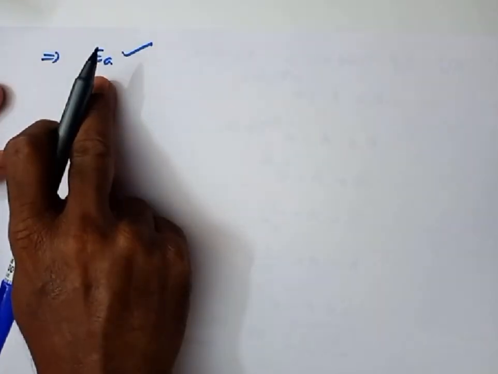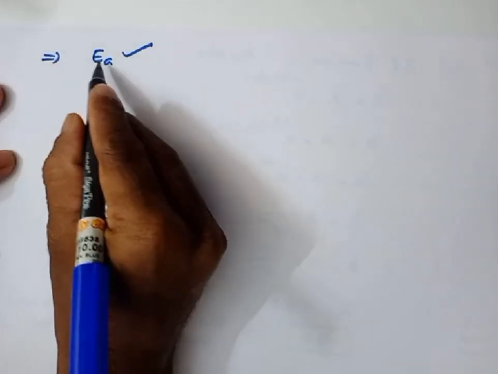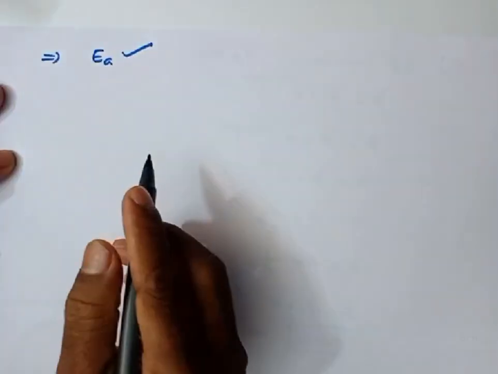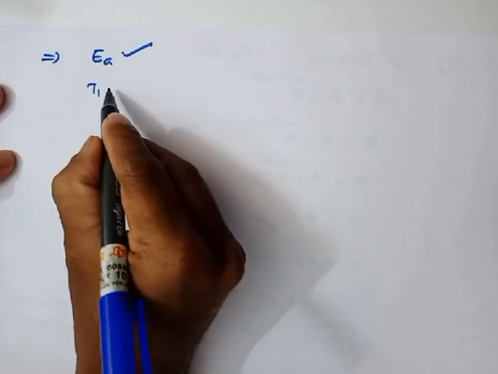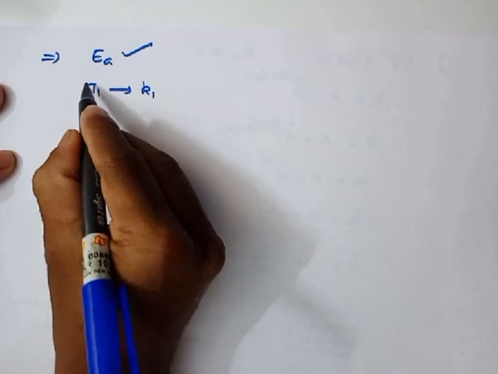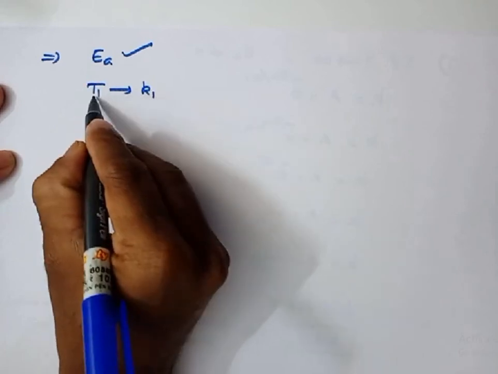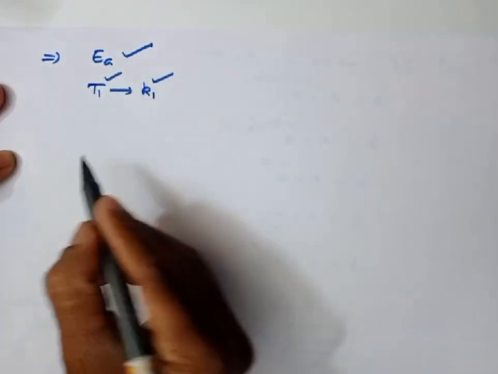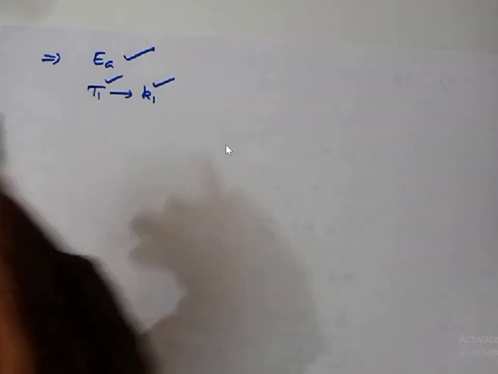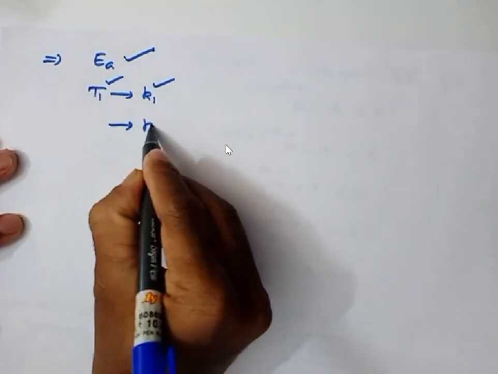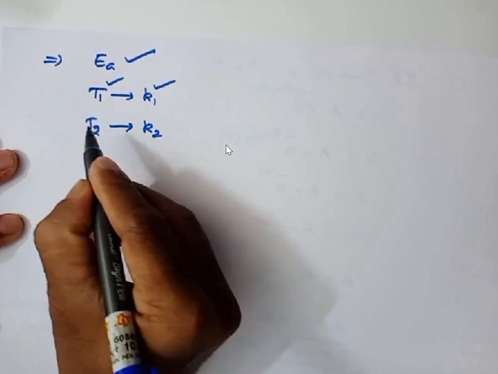Once you know the activation energy for a particular reaction, and if you know the rate constant of the reaction at some temperature T1, you can calculate the rate constant of the reaction at some other temperature T2.